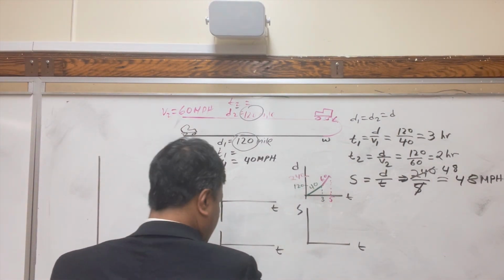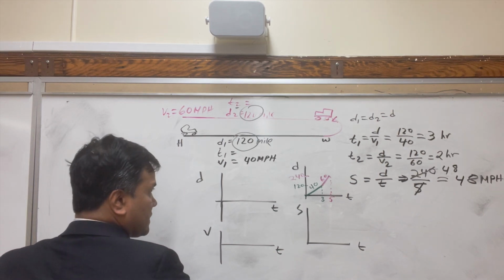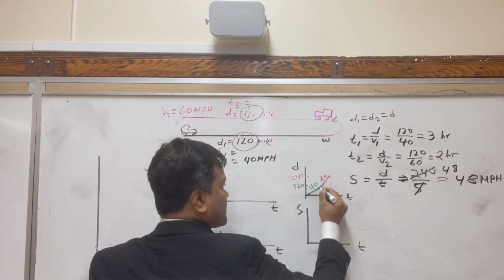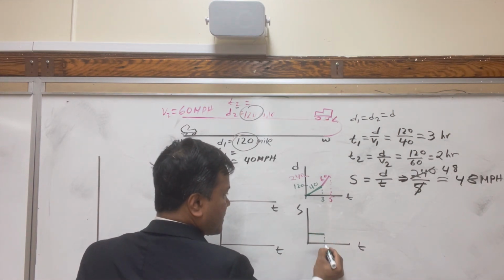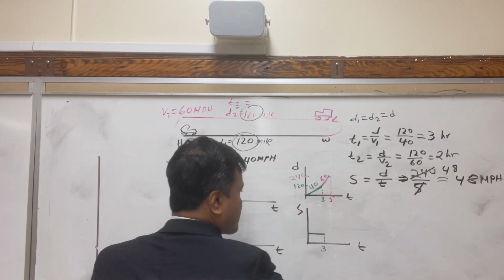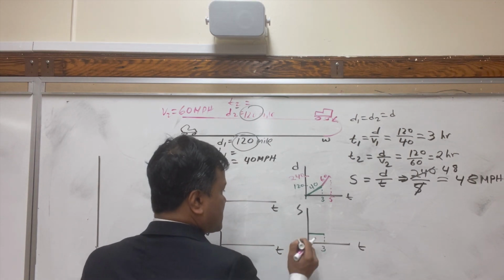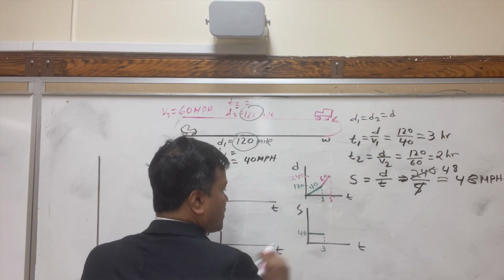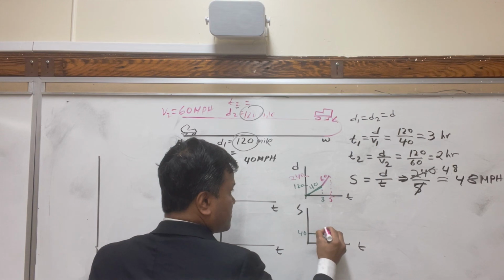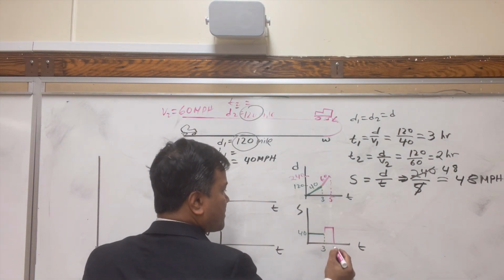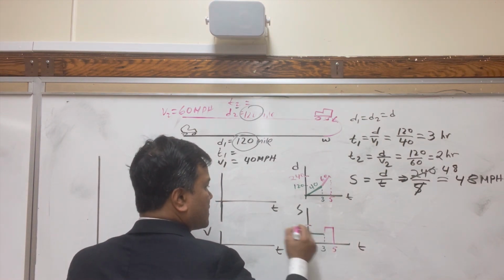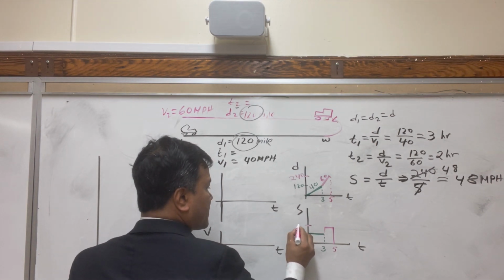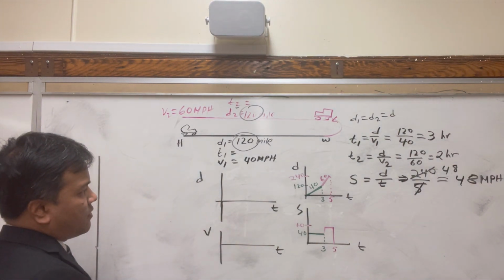This is the distance. Speed: the diagonal becomes horizontal and it takes 3 hours, and this is of course 40. And you move, this is steeper, so you move another 2 hours to go another 120 miles with 60 miles per hour.